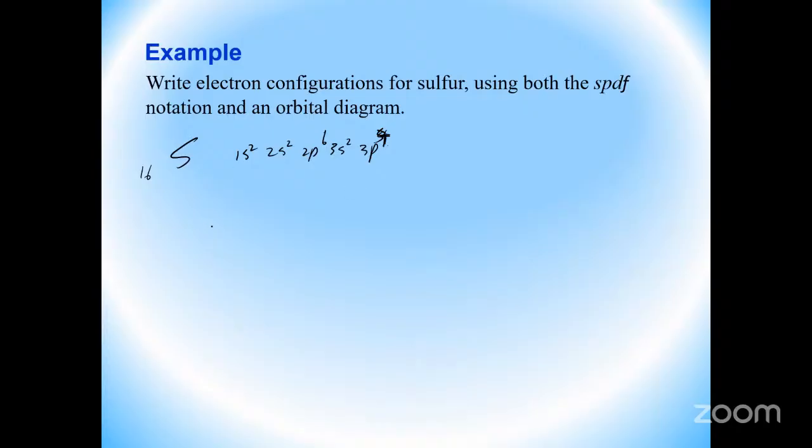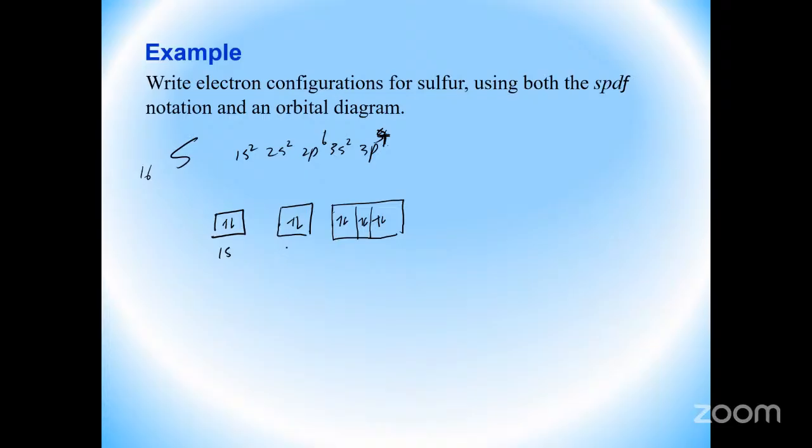Now, to do the same thing for orbital diagrams, that's the 1s situation. This would be the 2s situation. And as far as the 2p is concerned, there are 3 orbitals. The way we put the electrons in is that we put them in singly first within each orbital, and then we pair them up with electrons of opposite spins.